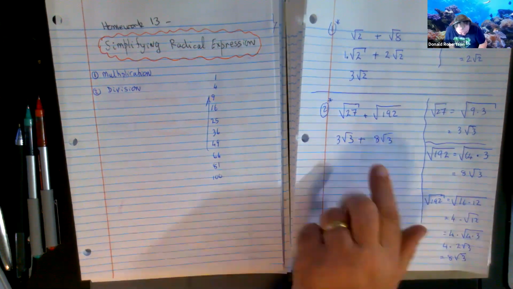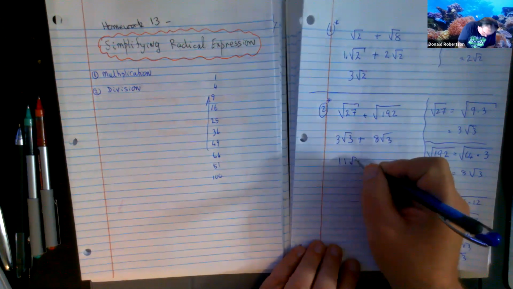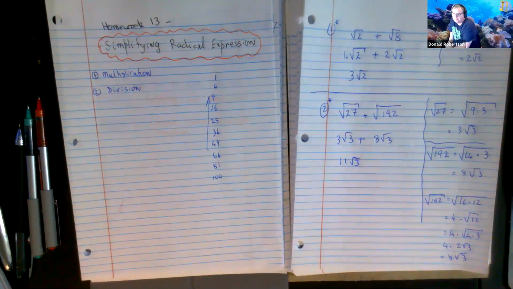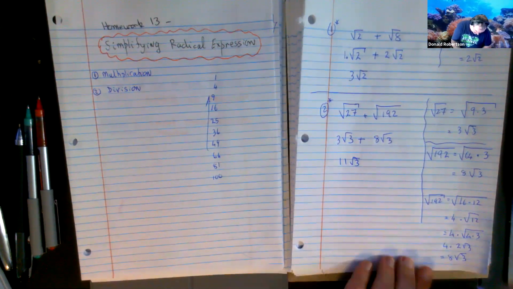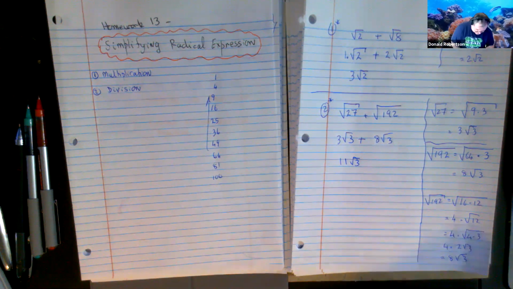Now, in this case, these two guys are the same, so I can add them together, and now I have 11 of them. Any questions so far? We're doing okay. We feel good? Okay, let's just keep fighting our way through these guys.